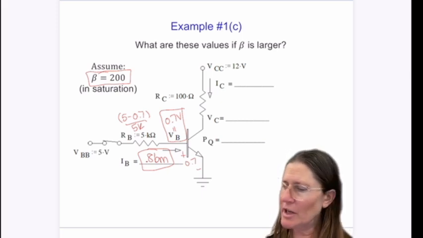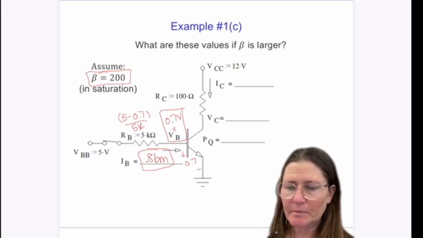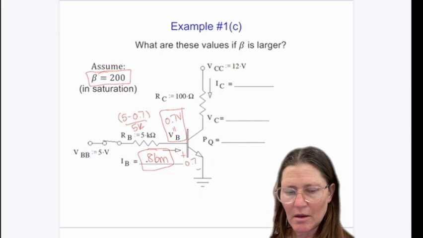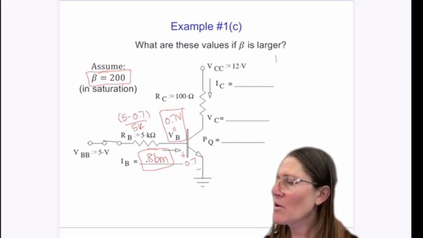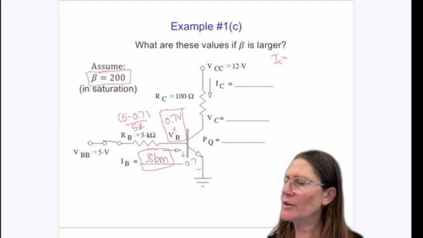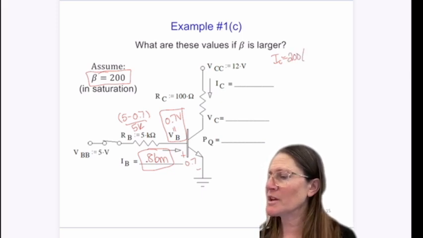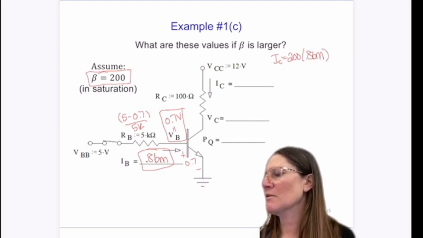What varies here now is that IC is going to be 100 times, or 200, sorry. 200 times 0.86 milli.